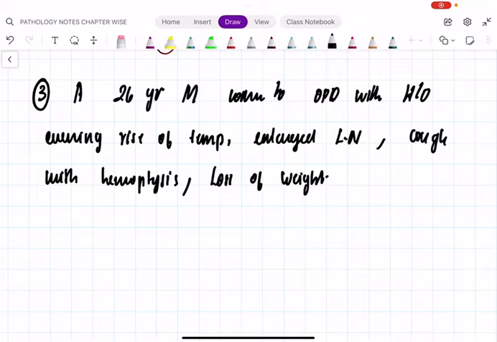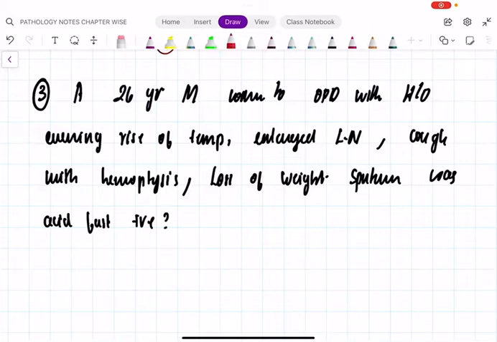Sputum was acid fast positive. This is a characteristic history of, anybody?